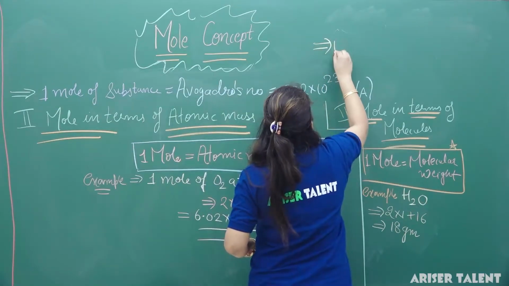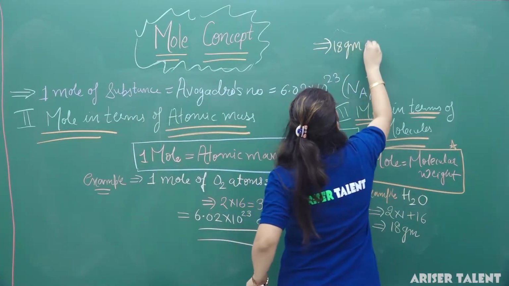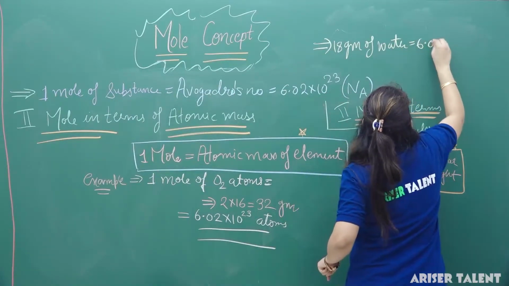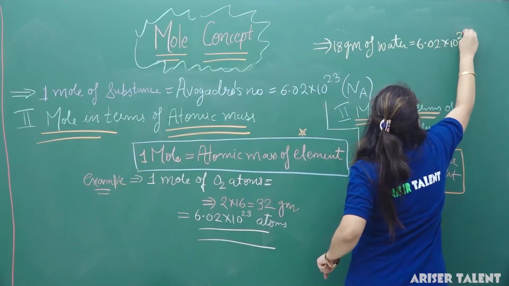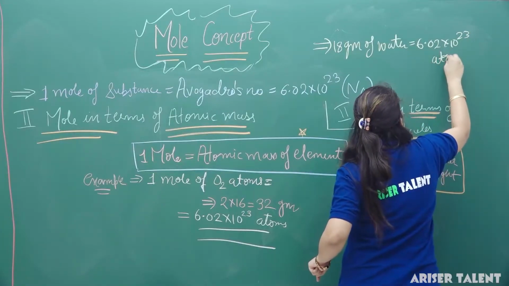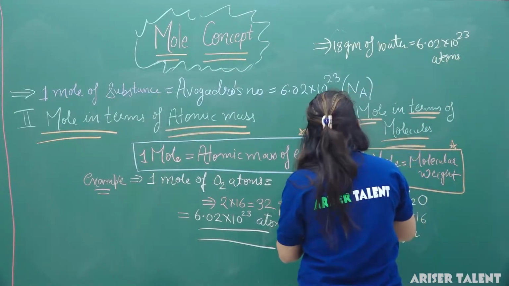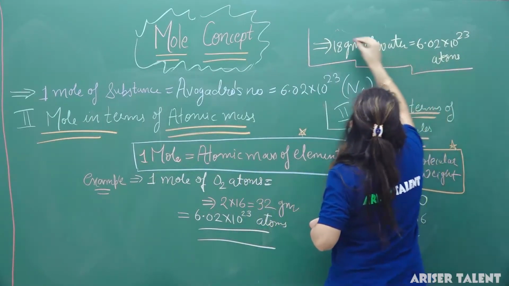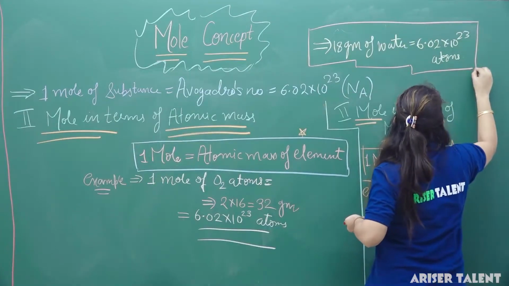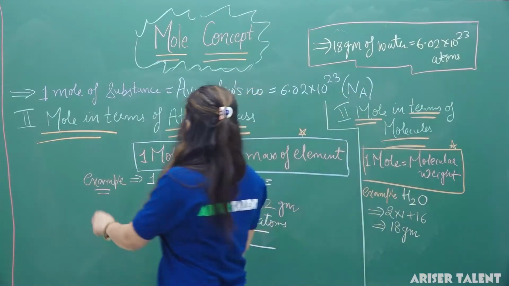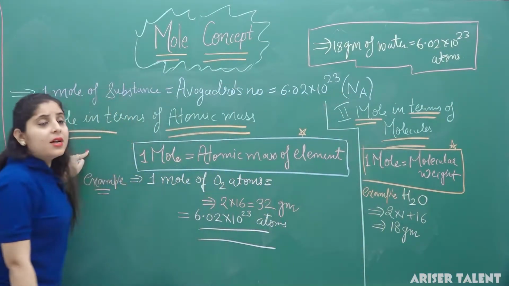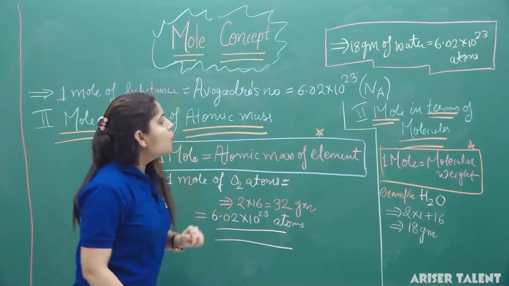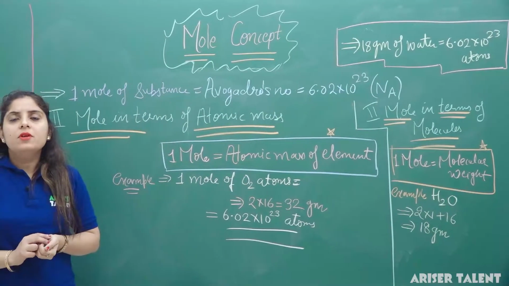So 18 gram of water contains 6.02 into 10 raised to the power 23 molecules, and it is all about the mole concept in terms of molecule. So we have discussed mole in terms of atomic mass, and as the second category, mole in terms of molecules. Now we have the mole in terms of gases.